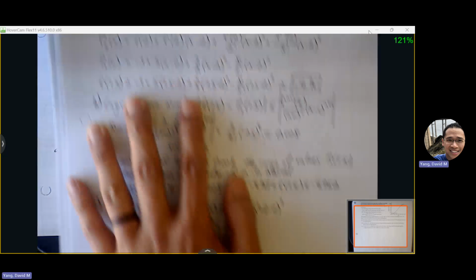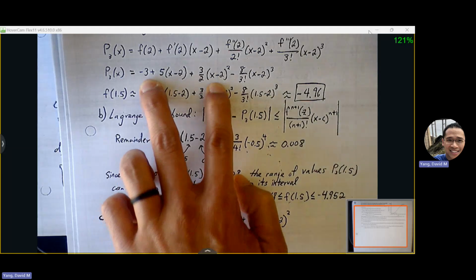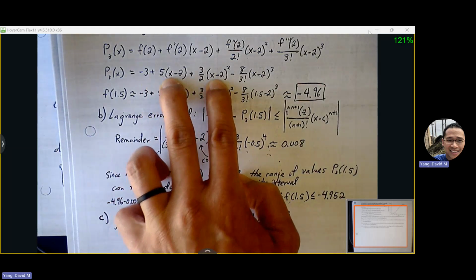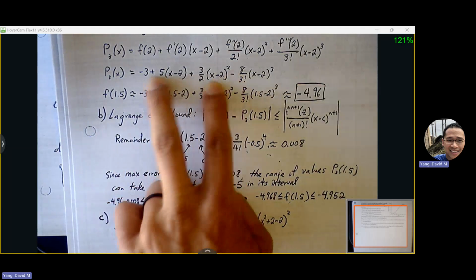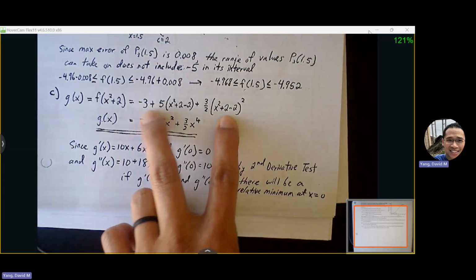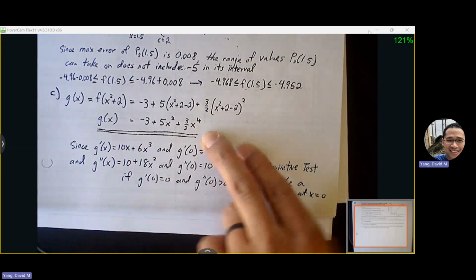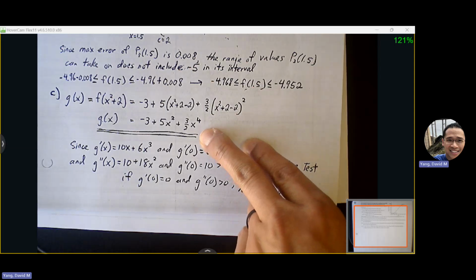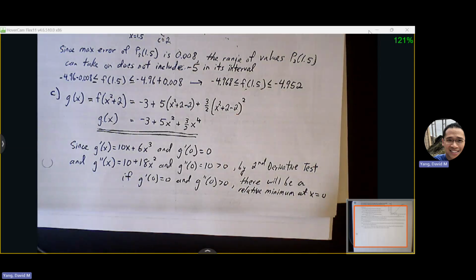So we just have to worry up to the second degree, because if we replace every x with x squared plus 2, then we're going to be up to the fourth degree. Then we have to just FOIL out, expand all this out, and we get g of x equals -3 plus 5x squared plus 3 half x to the fourth.